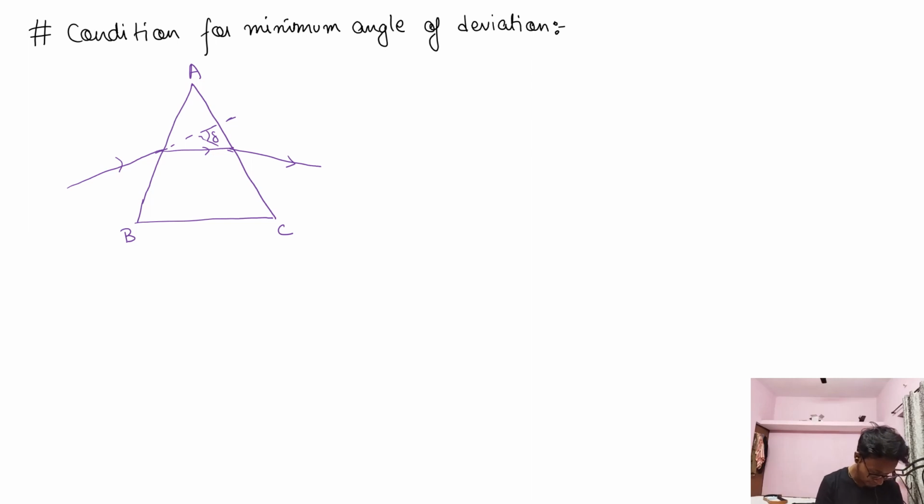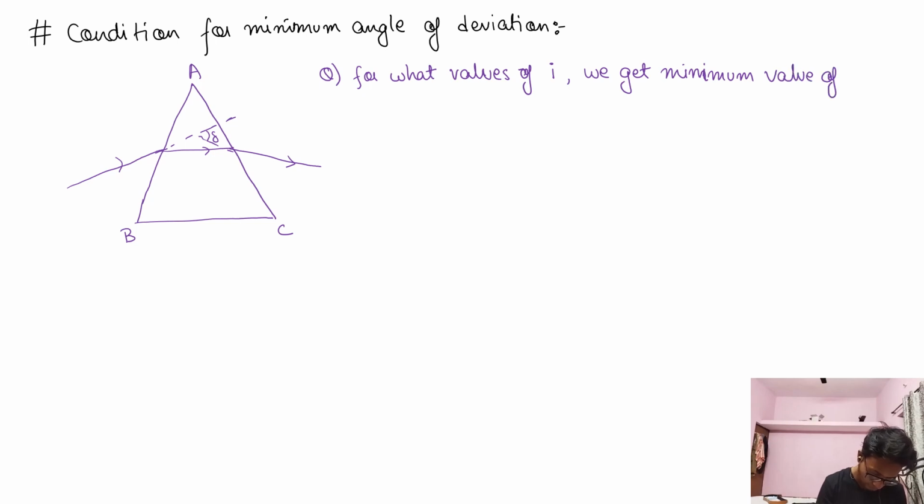My question here is, for what values of I do we get the minimum value of D, or angle of deviation?